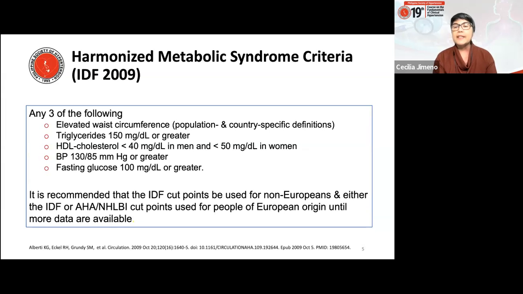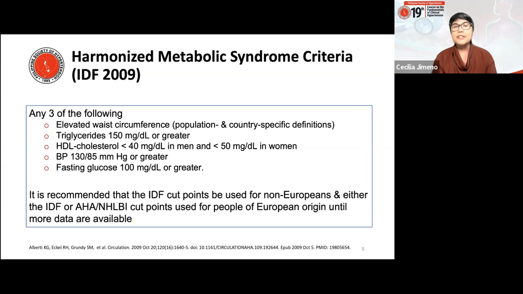But it was in 1988 during the American Diabetes Association Banting Award lecture that Dr. Gerald Reaven actually first introduced the concept of the link between insulin resistance and other metabolic abnormalities, calling it Syndrome X. Syndrome X has since been called metabolic syndrome, and over many years, the many criteria have changed, but it was in 2009 when the International Diabetes Federation harmonized the criteria.